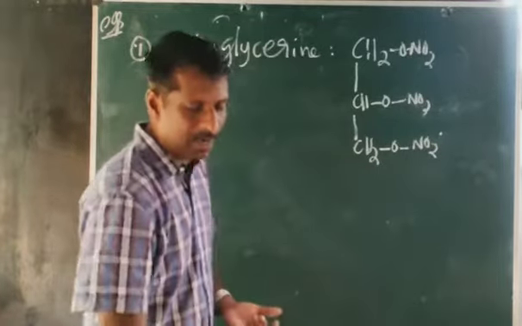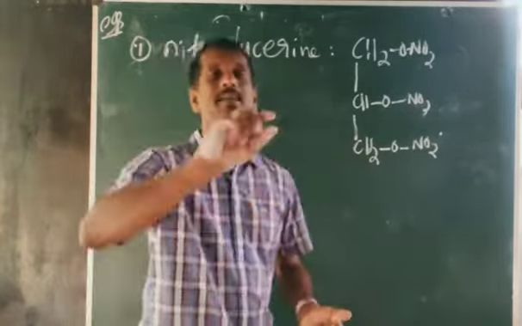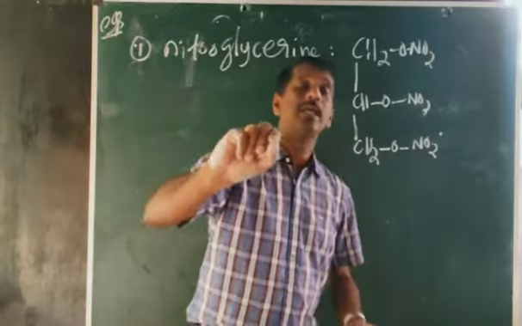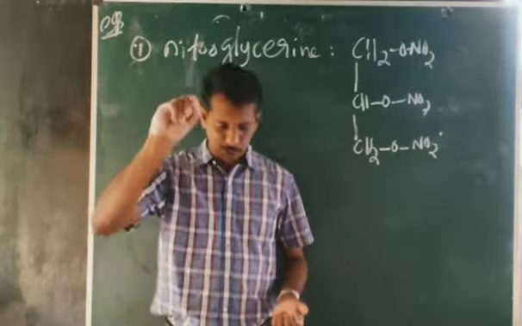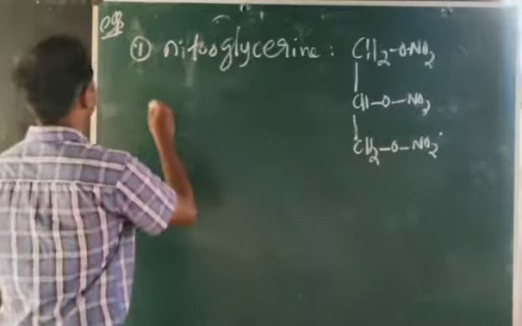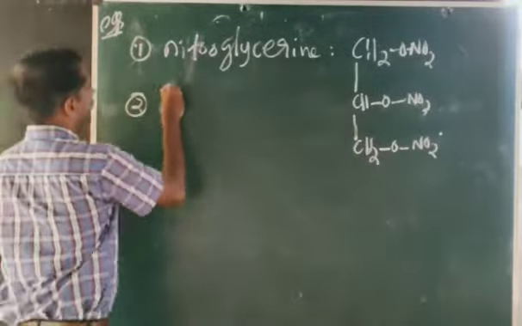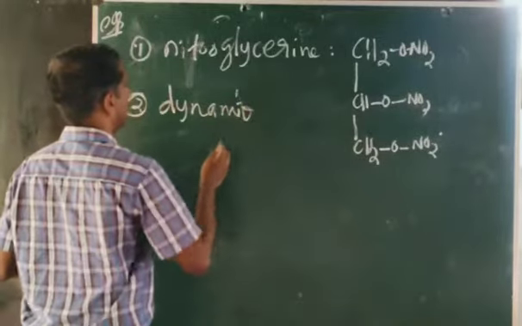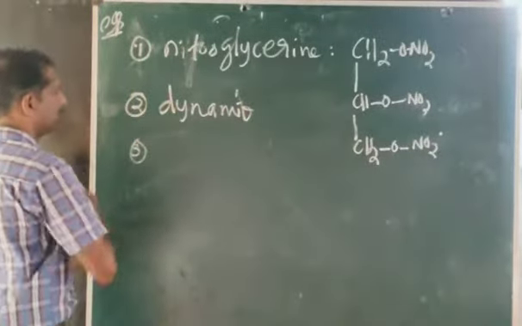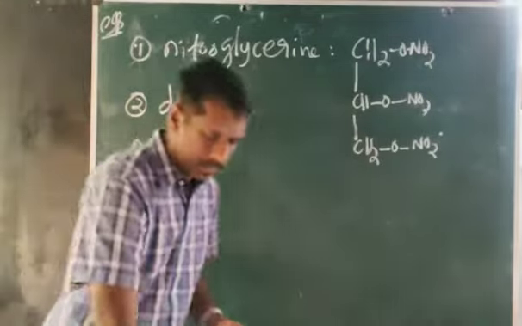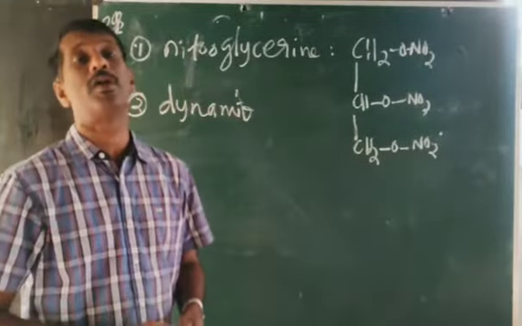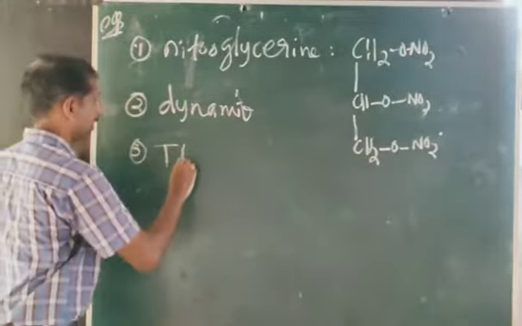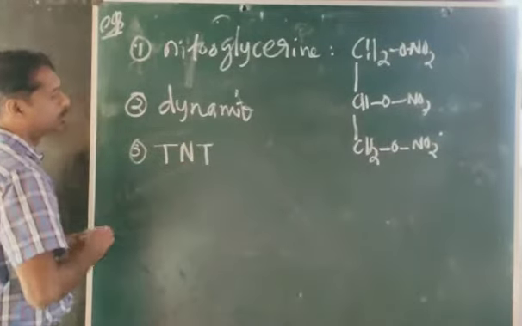So the second example is dynamite. And third one, which you might have studied, is trinitrotoluene, TNT.